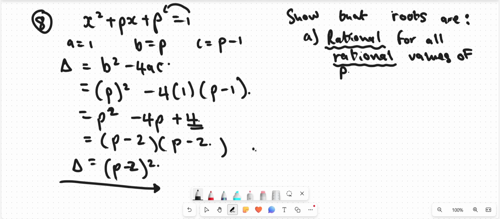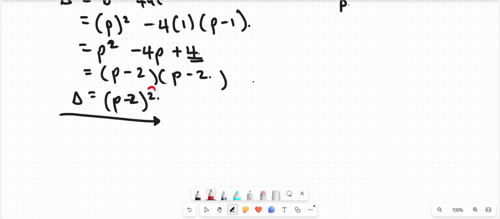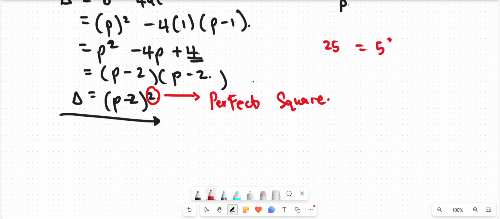But how do I rationalize this? How do I put this into perspective? One thing we're noticing is that this guy is squared. So the fact that he's squared tells me that this is a perfect square. You guys are used to a perfect square being 25, but 25 you can actually write as 5 squared.